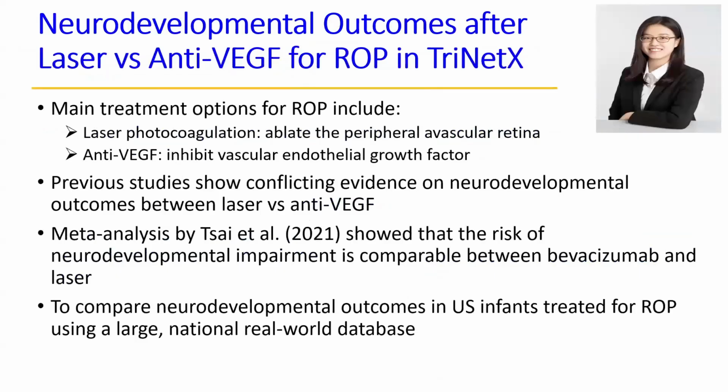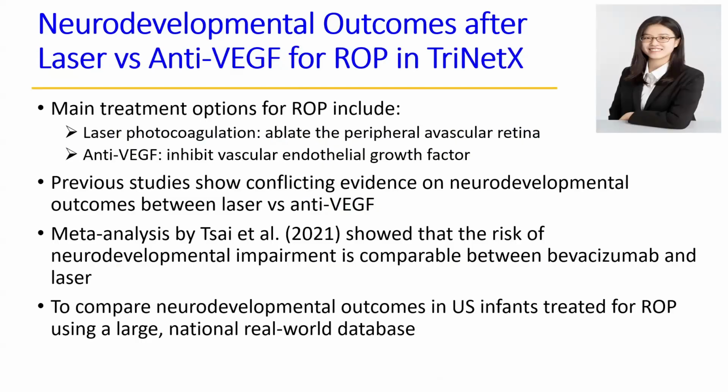So I want to highlight this project on neural development, and how antivirals have impact or no impact on it. When antivirals became available to treat ROP, a lot of doctors had a concern that antivirals could have an impact on the neural development of premature infants. A few small studies found that they have impact, but some other studies say no impact.